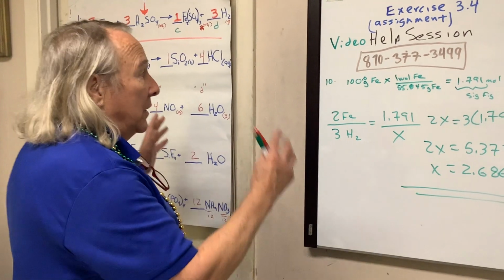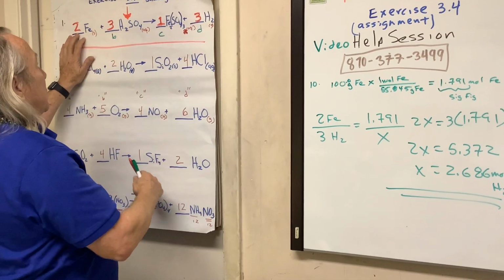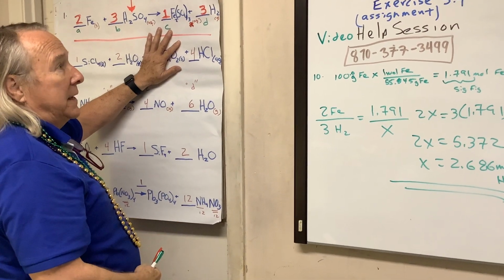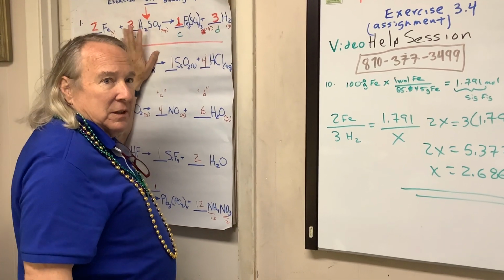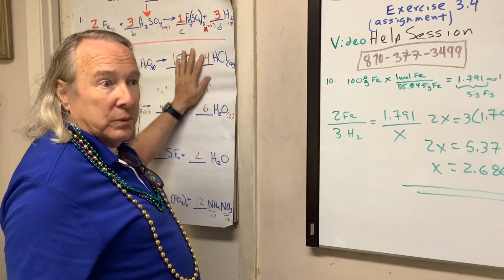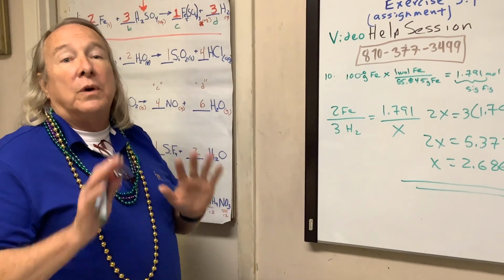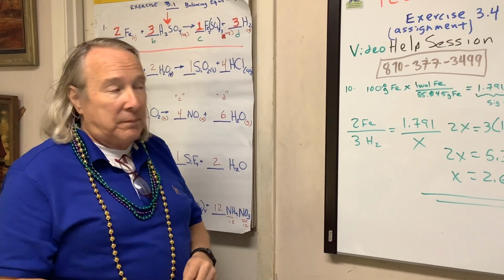But determining how much I need, or given this much, how much can I make, or given this much but I only have so much of this limiting reagent, how much can I make? The mole ratio concept will get you through an awful lot in chemistry.